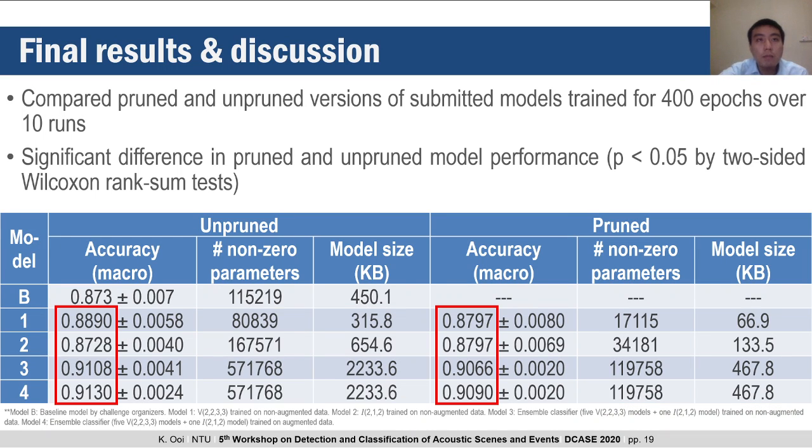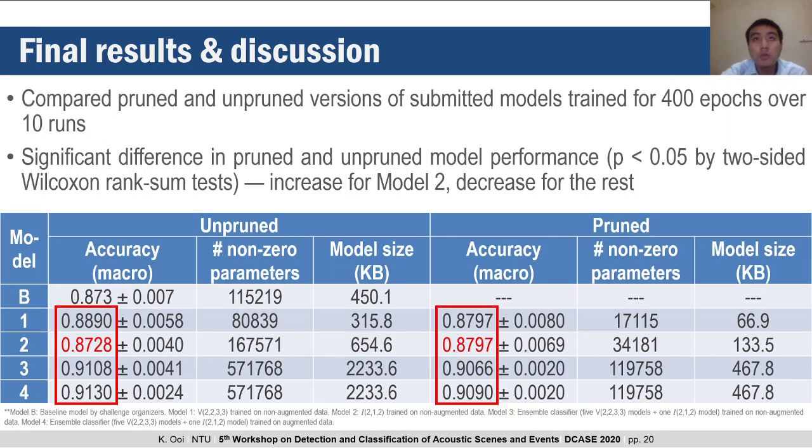Also, if we compare the mean macro averaged accuracies of the unpruned and pruned models, we can see that there is a difference of about 0.5 to 1% between them. These differences are also significant based on two-sided Wilcoxon rank sum tests. What's interesting, however, is that there is a significant increase in accuracy for Model 2, although it is decreased for all the other models.